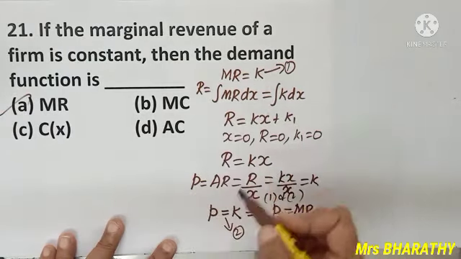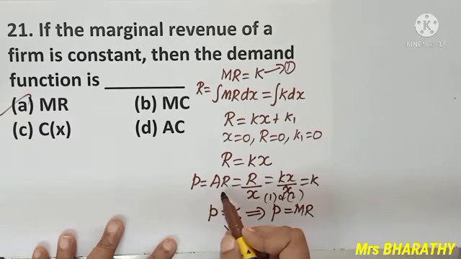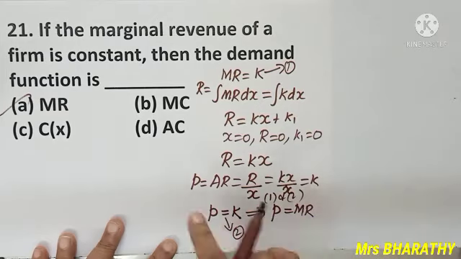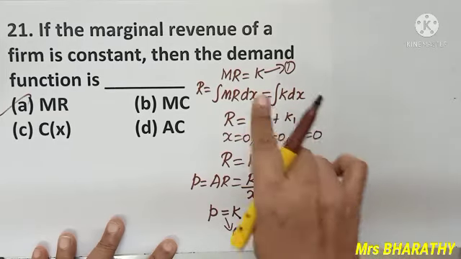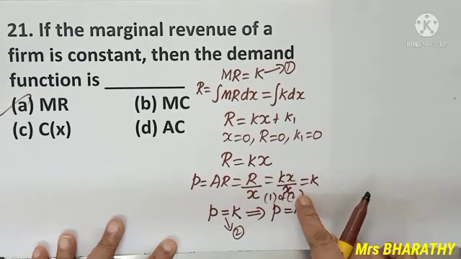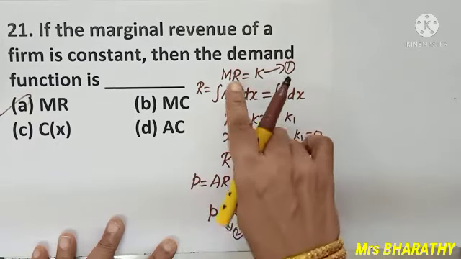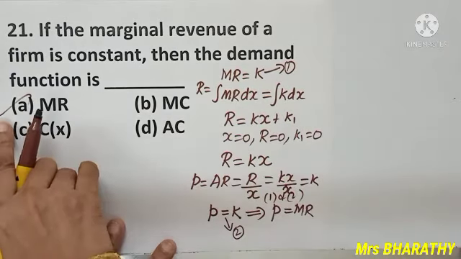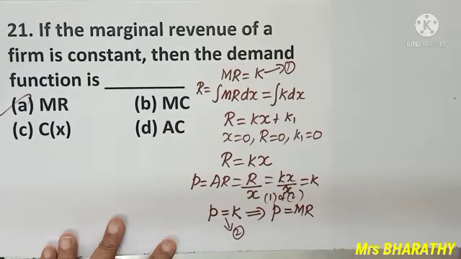Demand function is nothing but average revenue. So, dividing by X, again I get K. Demand function is K. Marginal revenue is also K. So 1 and 2 imply demand function and marginal revenue are equal. So option 1 is the right choice.